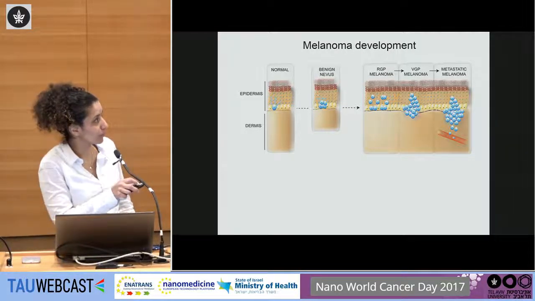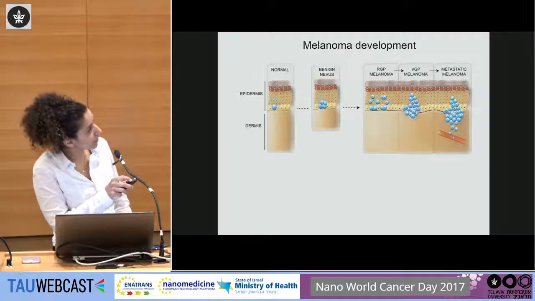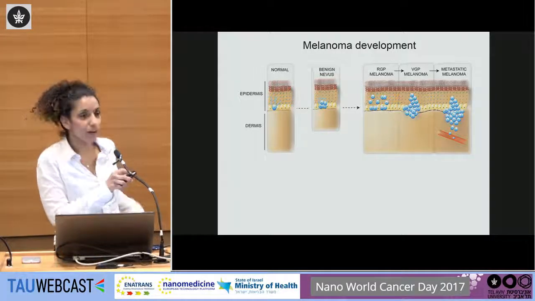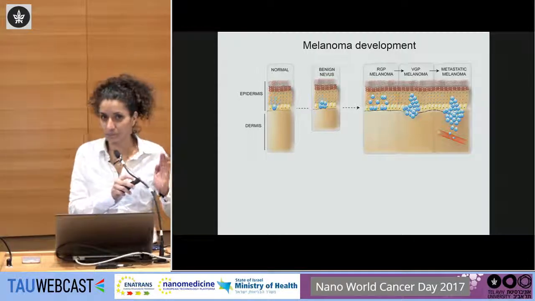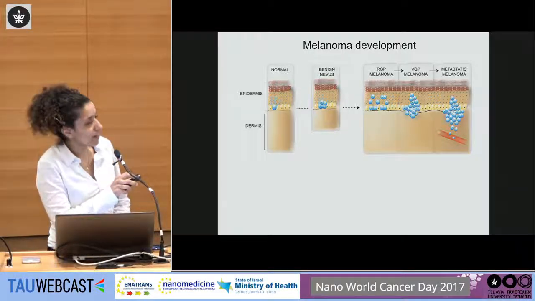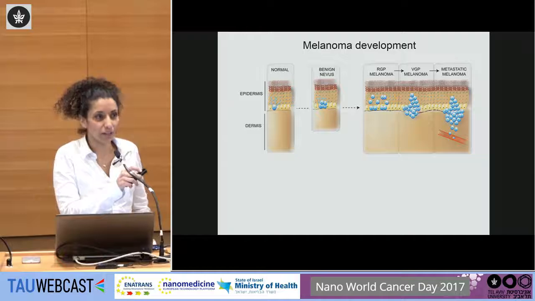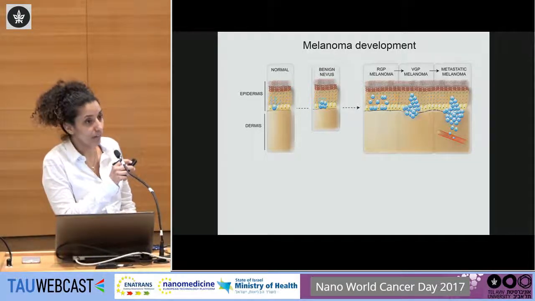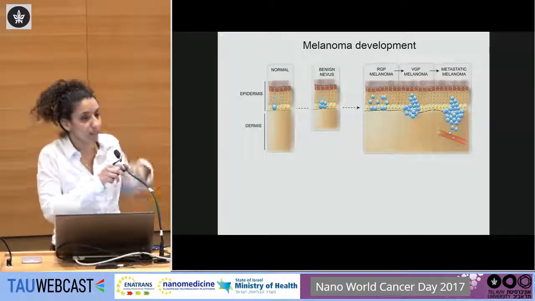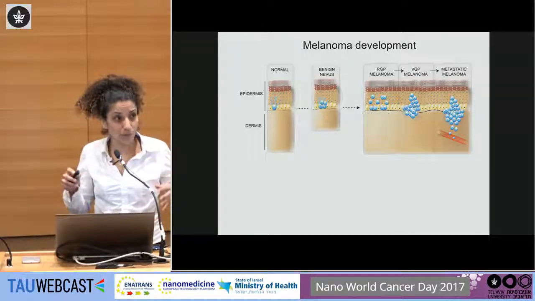But if you look carefully at the stages of the disease, you see that there are very distinct stages that pathologists have been reporting for years. Is there a radial growth phase or in situ melanoma where cells are expanding? You see the cell lives here, and once there is malignant transformation, cells start expanding within the epidermis.